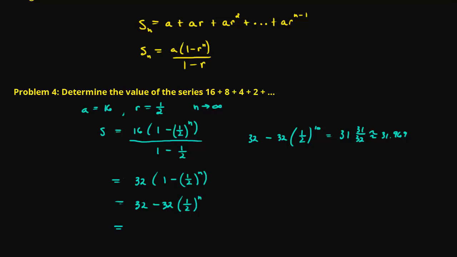Okay, so let's think about this for a second, and let's suppose that I have 32 minus 32 times 1/2 to the power, and let's say that I just used 30 terms now. Well, that would be equivalent to 32 minus 32 times 1/2 to the power of 30.